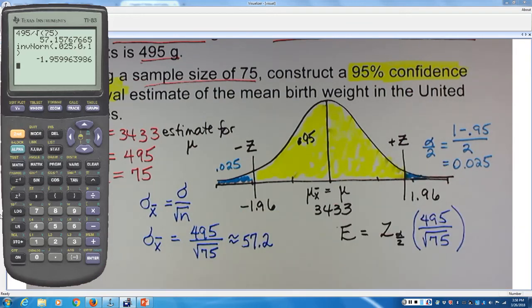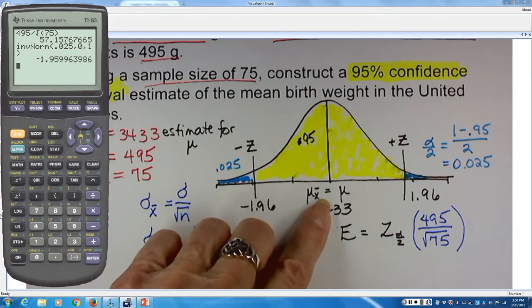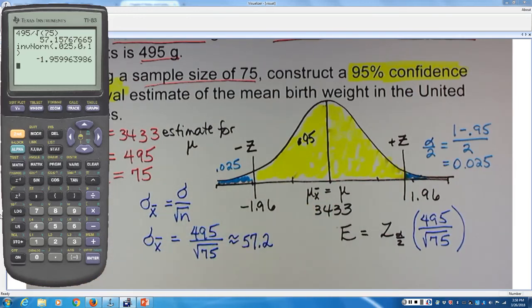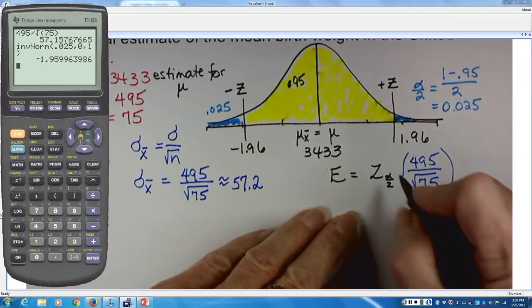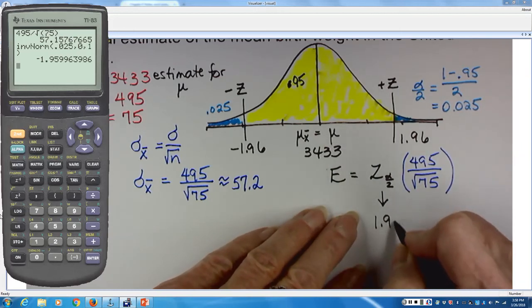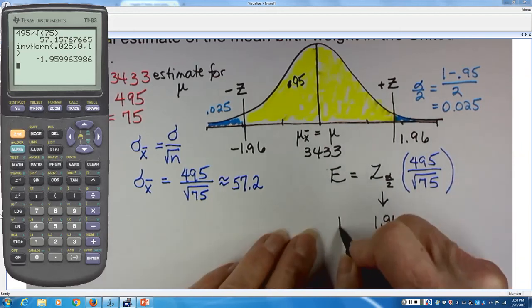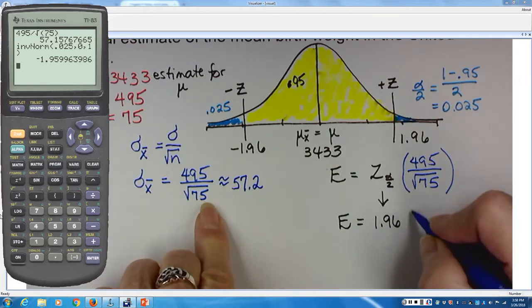And remember, that's the z values. That's not the actual value of the weights. That's just how many standard deviations you are away. So in this formula for E, we're going to replace z alpha over 2 with 1.96. And that's going to be times this 495 over the square root of 75.